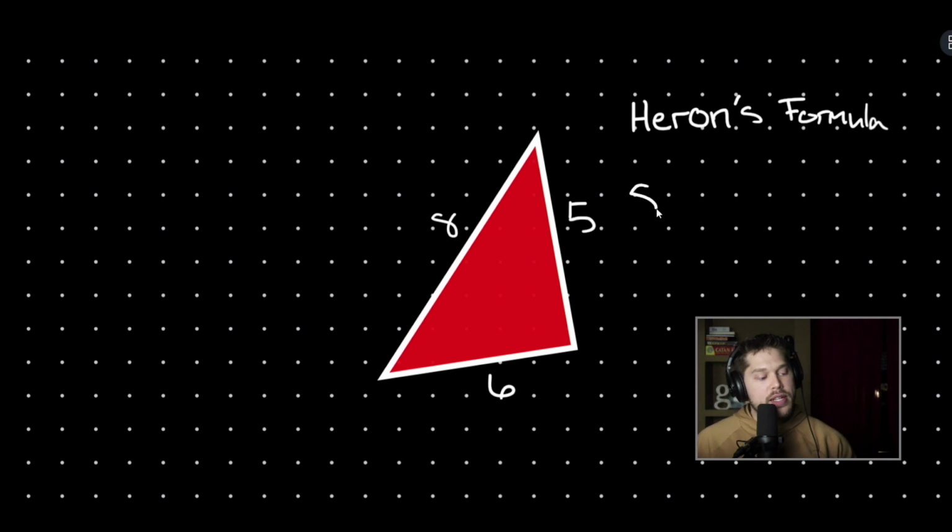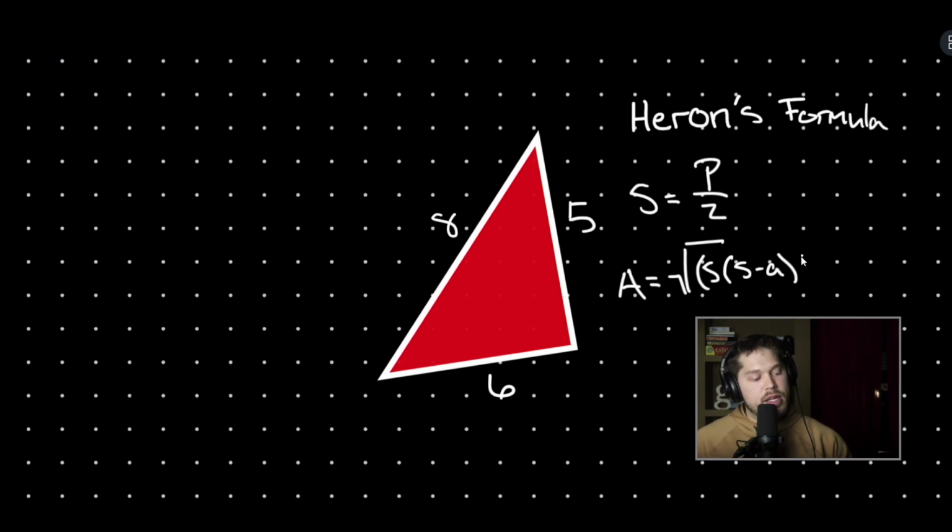Well, first we need to define what S is, and S is 1/2 of our perimeter. And then Heron's formula is the full square root of S times S minus A times S minus B times S minus C. This is Heron's formula.